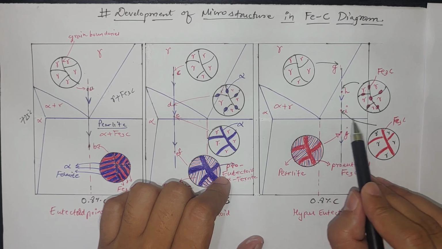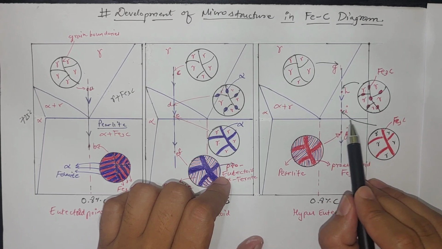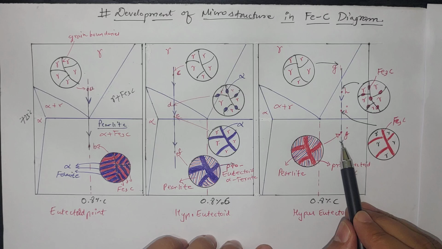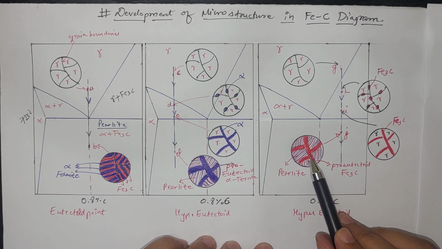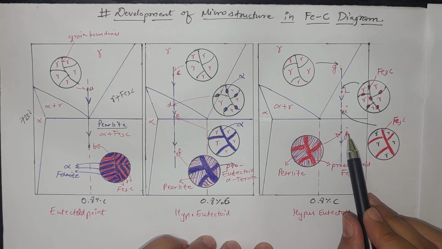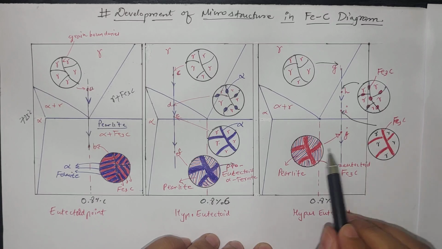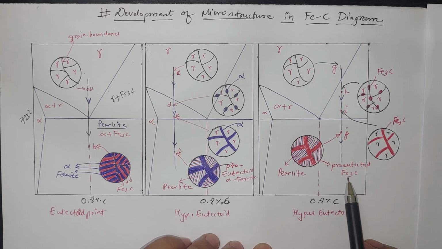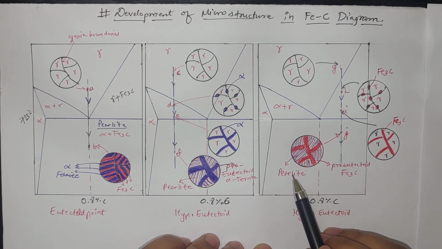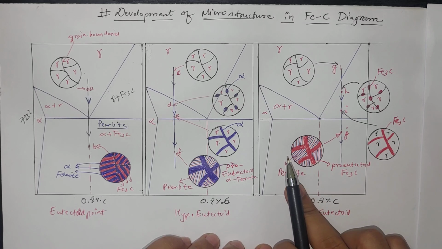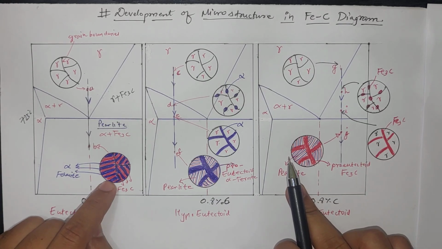Now after cooling it below 725 degrees Celsius, we have this microstructure at this point J, where the grain boundary will be pro-eutectoid cementite, and inside the grain there will be formation of pearlite, which is exactly the same as the first case.